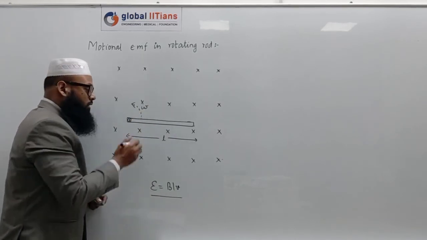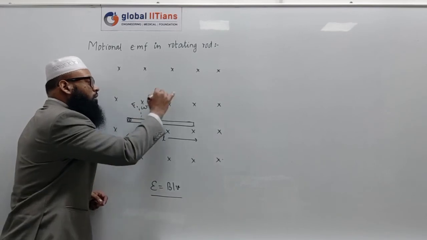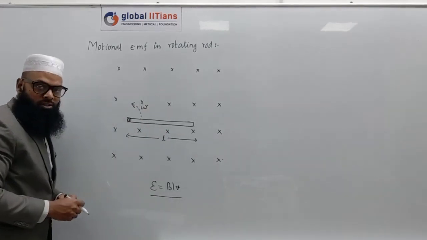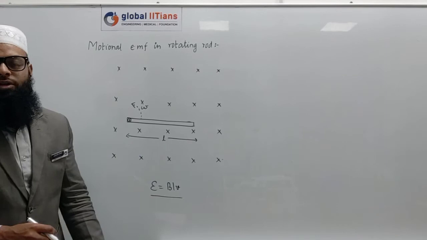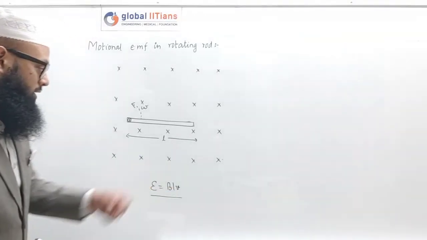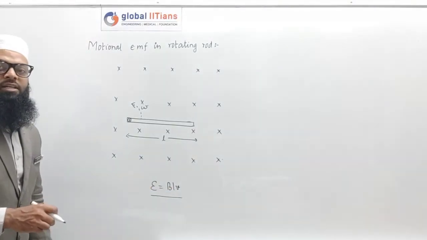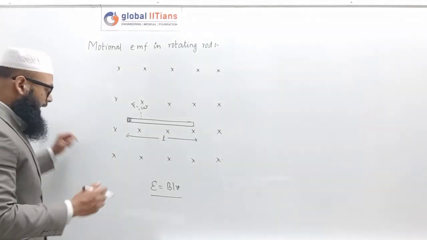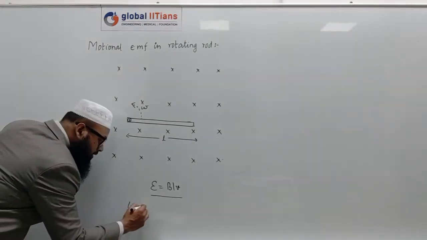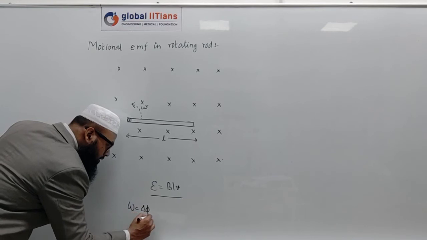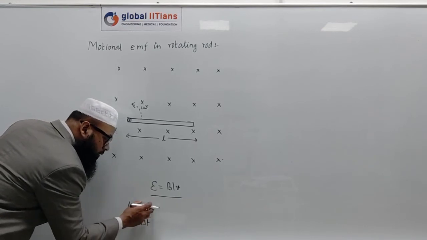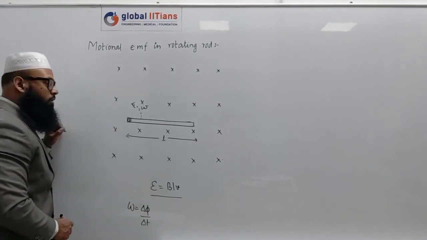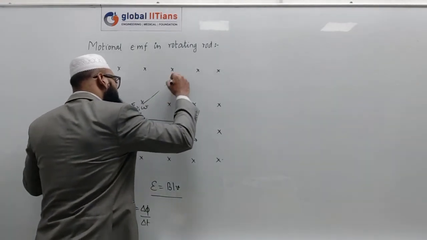Now the angular velocity of all the particles is going to be constant. However, the linear velocity is going to vary. Let's try to understand why angular velocity is constant and why linear velocity is varying. Angular velocity is equal to change in angle upon change in time, or angular displacement upon time. Now let's say it has reached somewhere here.